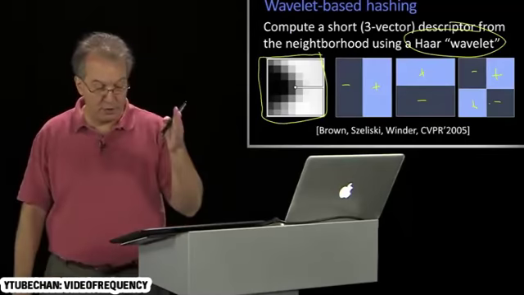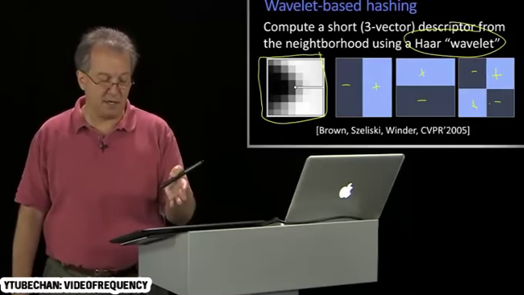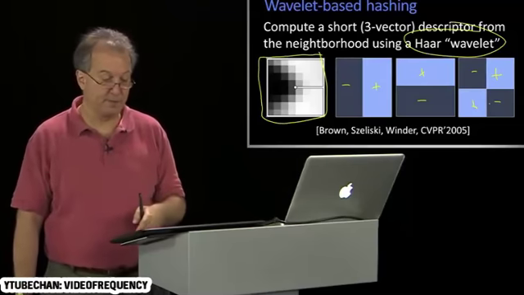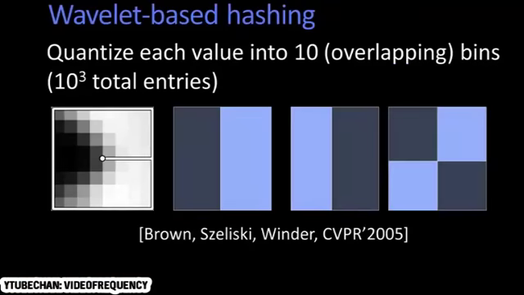So that means you'll get 3 different numbers, one from each of the 3 filter outputs. And what you do is you can then quantize each of those into 10 bins, or maybe 10 overlapping bins. So if you have 10 bins, 3 of them, that means you have 10 to the 3 different possible values that you can get out for a single application to the neighborhood.